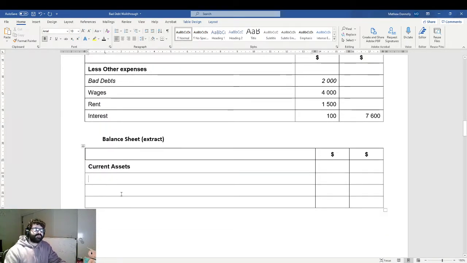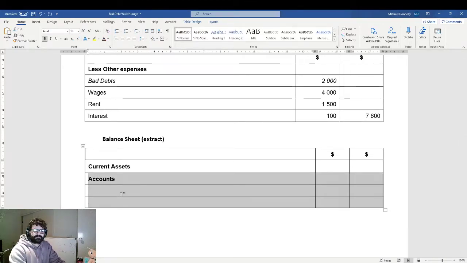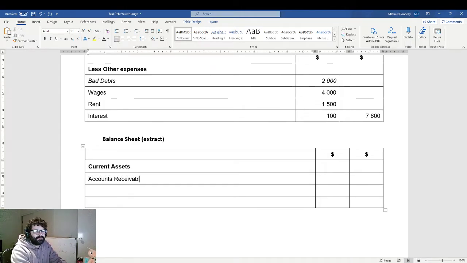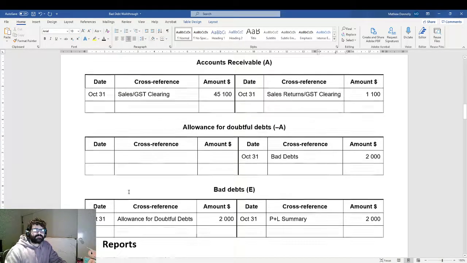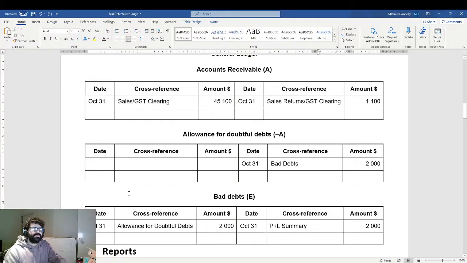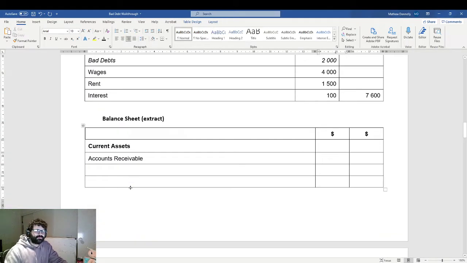Now, how does that appear in our balance sheet? So we would go accounts. So we go accounts receivable, and we put whatever the amount is. So the accounts receivable. Now, no cash was paid back, so it's 44,000.